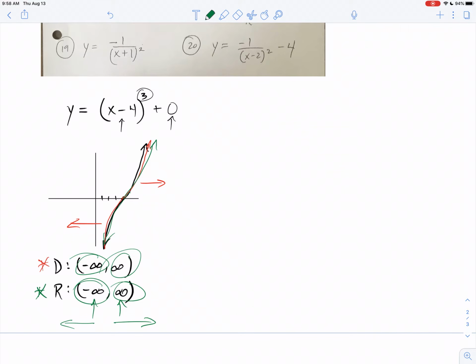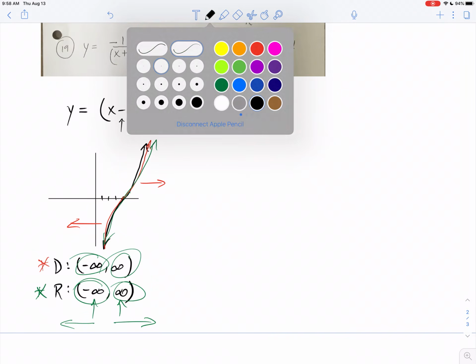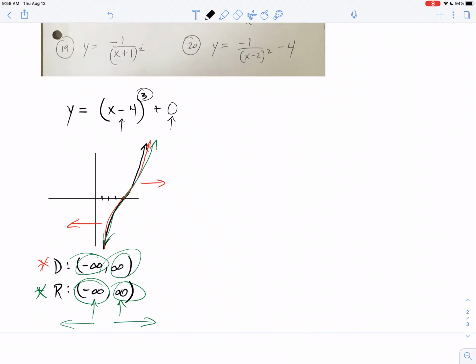All right, let's look at what a flipped one of these looks like. So I'm going to do this. y equals negative x to the 3rd plus 2. Hey, you left out one of the moves. Yeah, that's what makes it a little more difficult when I leave something out.